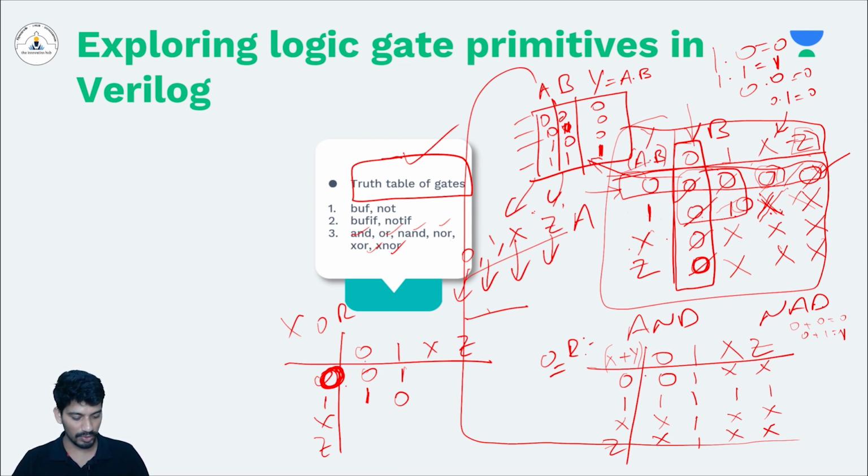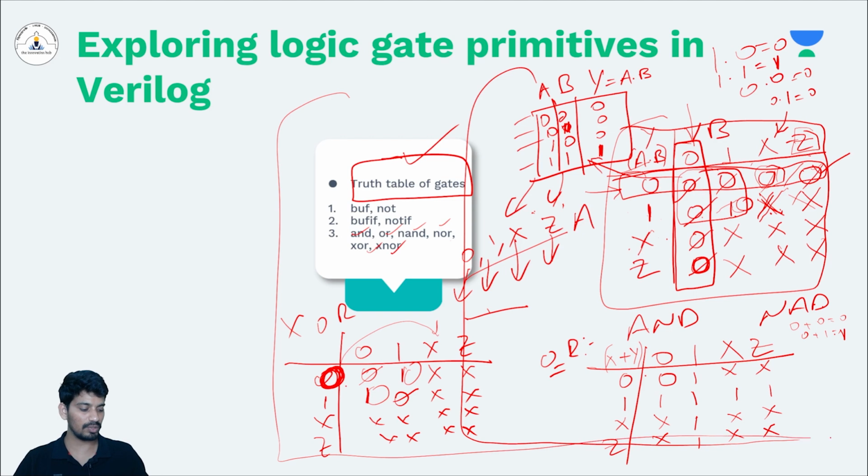So you have to check with XOR of 0 and X. If you check that, you will get X, X, X, X, and everything as X's. Similarly, the XNOR will be 1, 1, 0, and 0. Right? This is the truth table of both basic gates and universal gates.